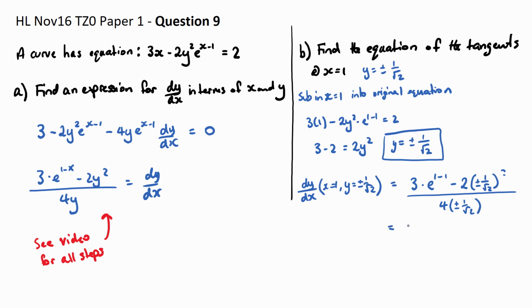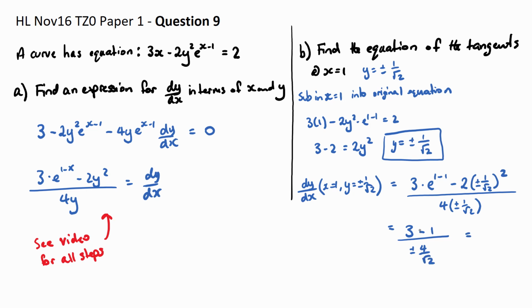So I'm going to get 3. Now e to the 0 is just 1, so 3 minus plus or minus 1 on root 2 squared, or square top square bottom. It's just going to be 1 on 2, a half, and 2 times a half is just 1, so 1 over, and 4 times 1 on root 2, we can just simplify that as plus or minus 4 on root 2.